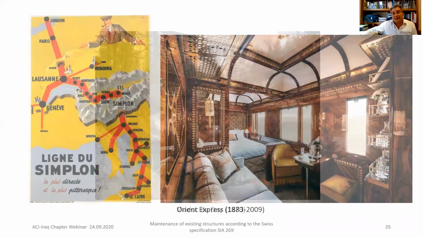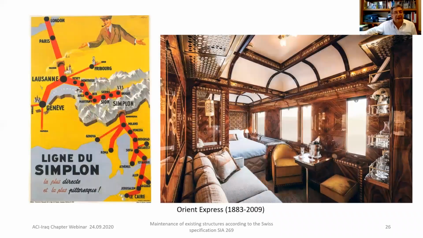And this is why I like this bridge, because it is part of the Orient Express that connected, at that time, London to Baghdad. Baghdad is here, so you can see the tunnel of Dor. It was here, and the bridge itself, the viaduct today, is just after the tunnel.